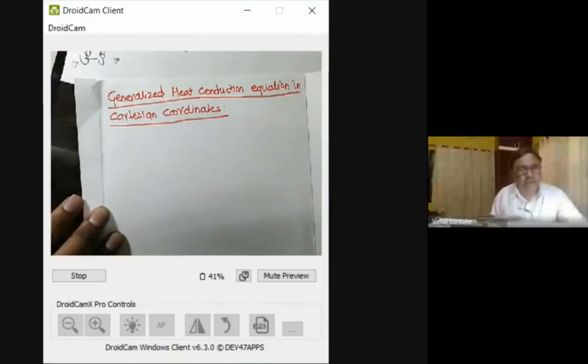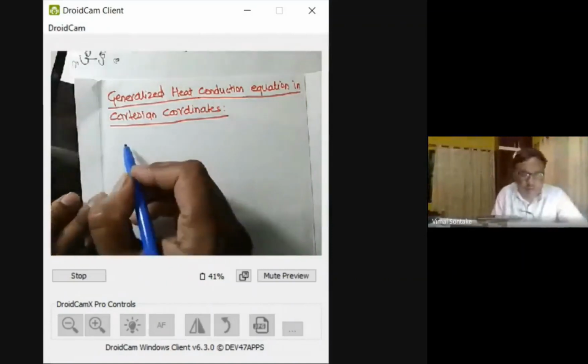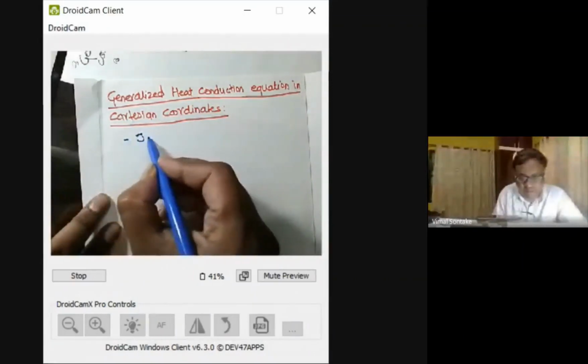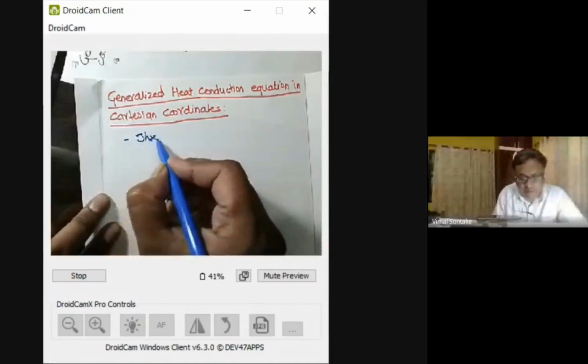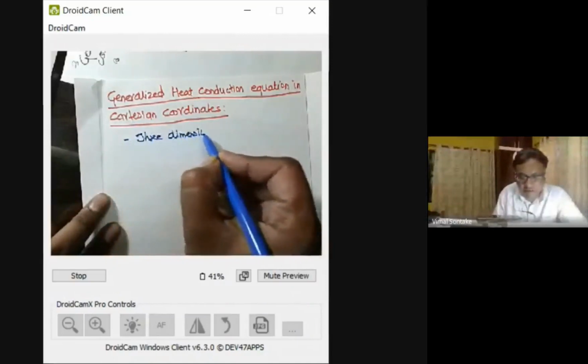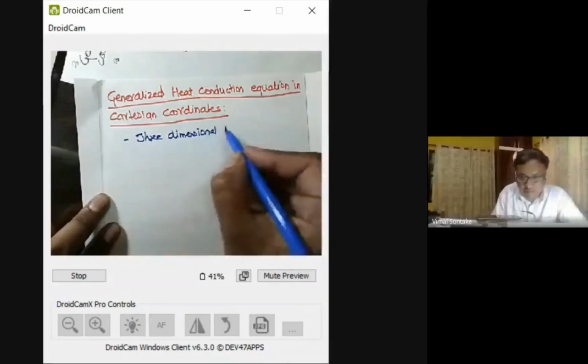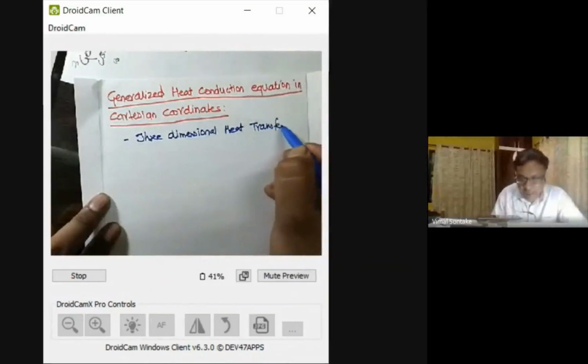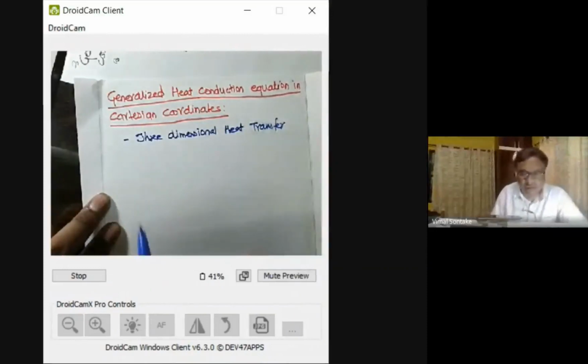This generalized heat conduction equation takes into account following three conditions. Three-dimensional heat transfer, that is, heat transfer taking place in X, Y, and Z directions.